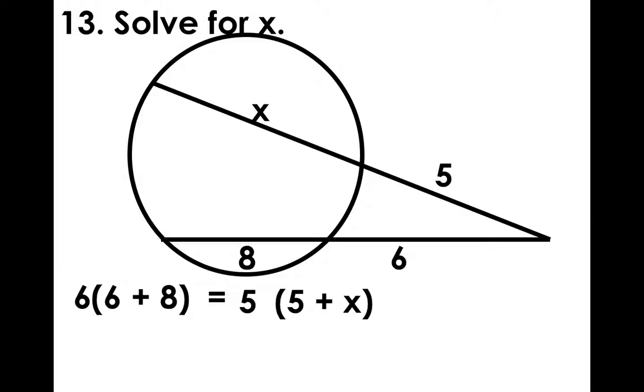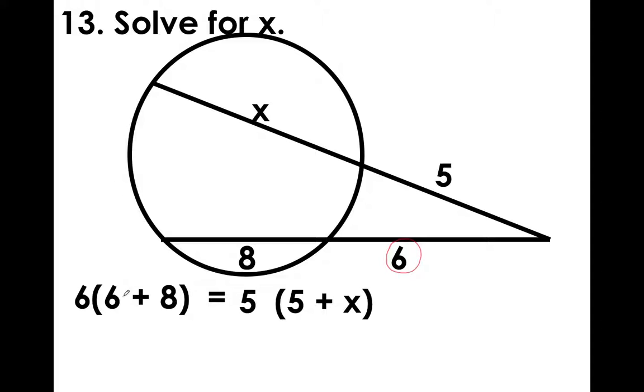Because once again, I am taking the outside times the whole. The whole is this plus that. And then I'm doing the same thing for the other one. I'm taking the outside times this plus that.